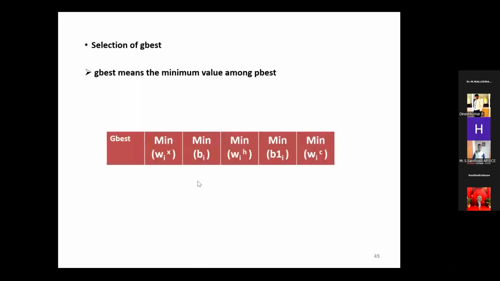The global best means the minimum value among the personal bests, so it is the Gbest, the minimum value of Wix: the weight values from input to hidden node, the bias value of the hidden layer, the weight factors from hidden layer to output layer, the bias value of the output layer, and the weight values from the context node to the hidden node. Once you get the minimum of all these weight and bias values, you declare it as the global best value of your particle swarm algorithm.